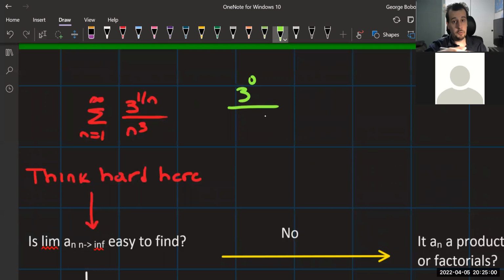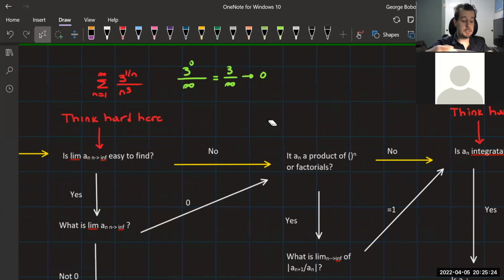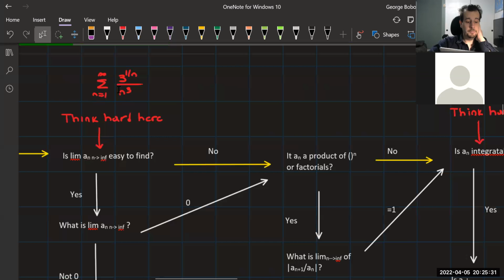The denominator, though, goes to infinity. So you have a constant over infinity. What does that go to? 1 over infinity. Which is? 0. So we did the limit and we got 0 again. So inconclusive divergence test. We move on. Okay, it's not the divergence test. You got to keep going.